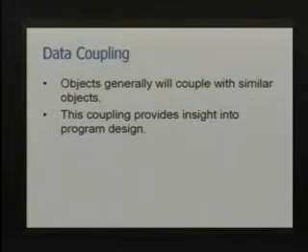And data coupling. Data coupling is interesting too. Let's say you have different objects. Generally, based on the design of the program, you're going to have some objects that work with certain objects and not with other ones. Let's say that there's some objects that look at network traffic. So there's going to be probably network traffic, and maybe a parser object is going to work closely together.